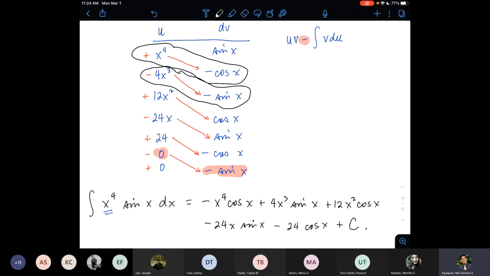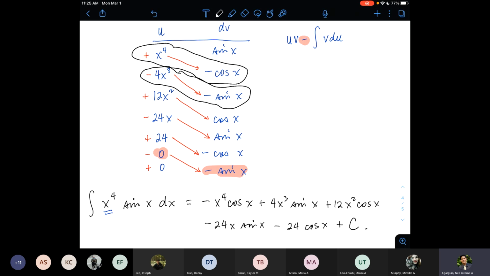This is extremely helpful so that you don't have to write that long solution every time. Just don't forget, you make a table for u by differentiating the previous entry, and for the column for dv, you integrate the previous entry, and then you do the cross product or the diagonal product.